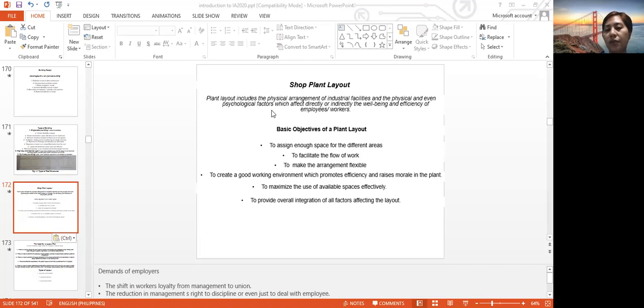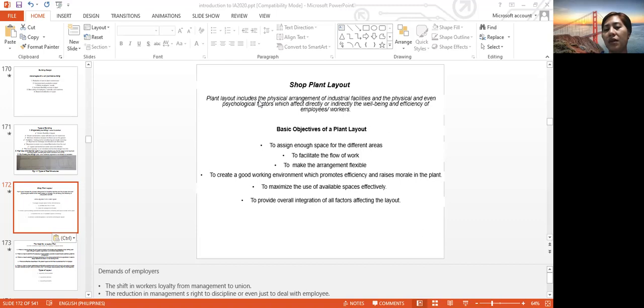Well, of course, because that is the place where we work. So we should consider the plant layout for us to be assured of our safety, so that everyone inside that working area feels secure.